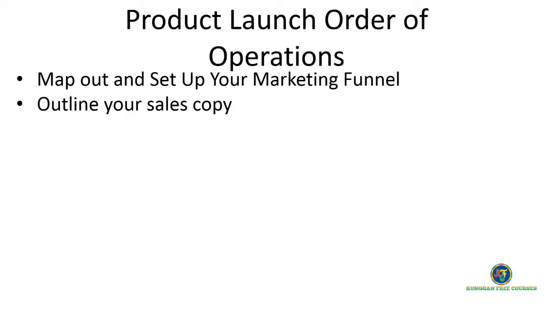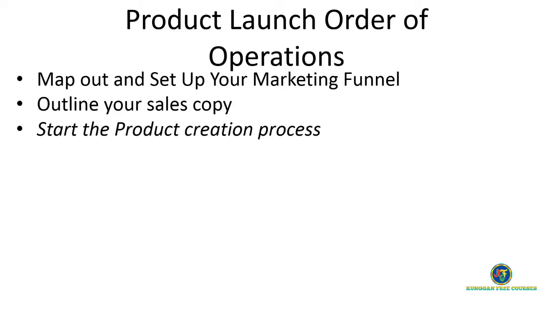This again will help you to determine what you put in your product. What you don't want to do is create the entire product first, obviously, and then go to the marketplace with it. You want to go to the marketplace, determine what you know is going to sell, and then go and create your product.